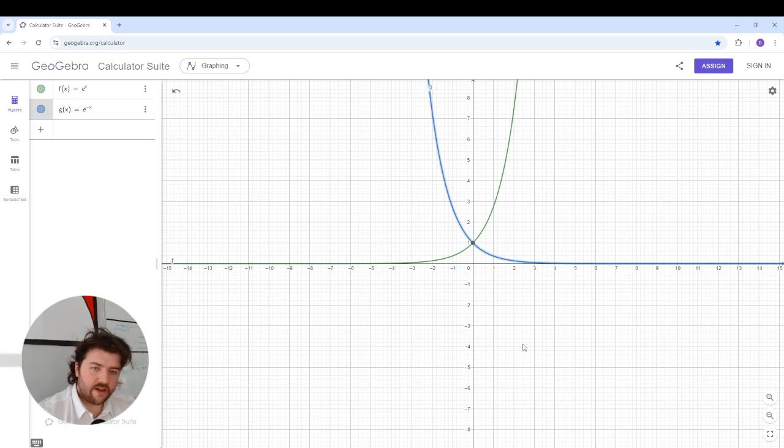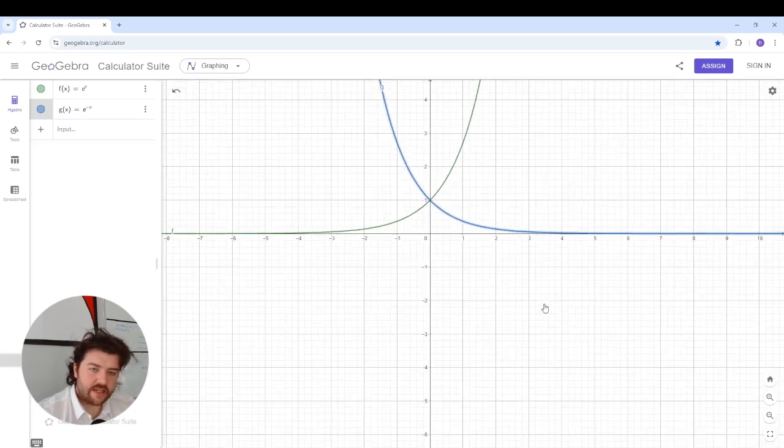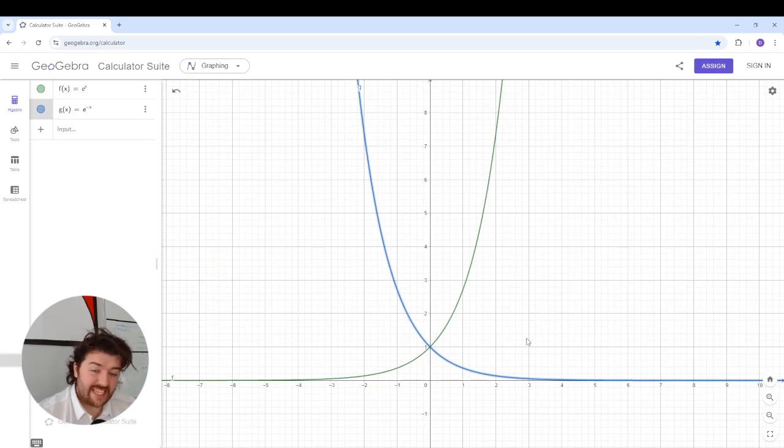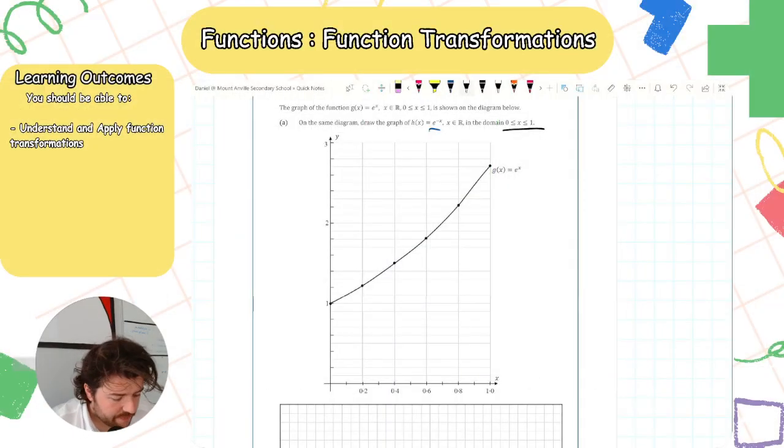So, as I thought, it's reflected along the y-axis here. But it's in the domain 0 to 1. So, actually, I was completely wrong with my sketch here. So, it would actually only look like this. So, we go back here. So, I was correct. This is going to be reflected along the y-axis, right?